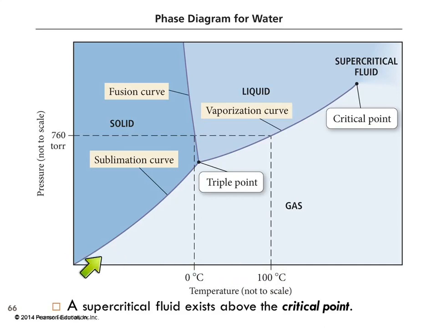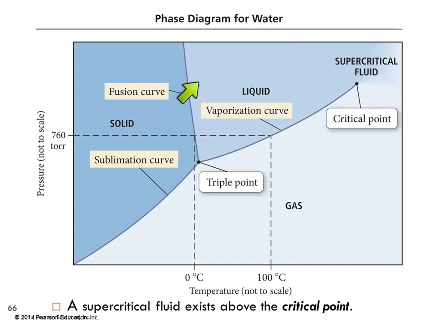Here we have the sublimation curve. Above it is the solid region. And so this tells us that at this pressure and this temperature is the point where the solid and the gas will exist together.